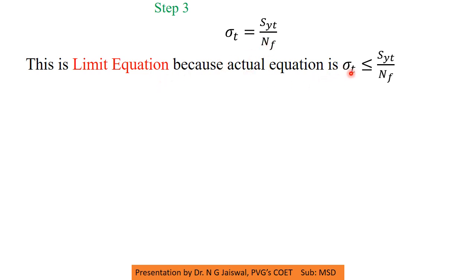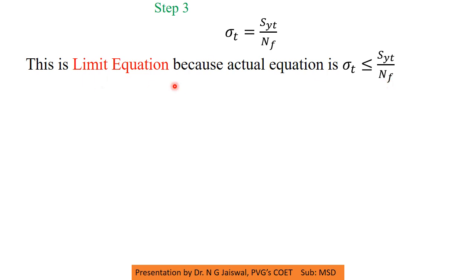Because the actual equation is sigma t is less than or equal to syt by factor of safety. Sigma t, that is induced stress, should be at the most equal to syt by factor of safety. So it means there is a limit. Sigma t can range from as minimum as possible to a maximum equal to syt by factor of safety. That's why this is called a limit equation.